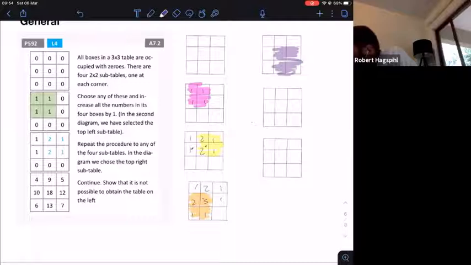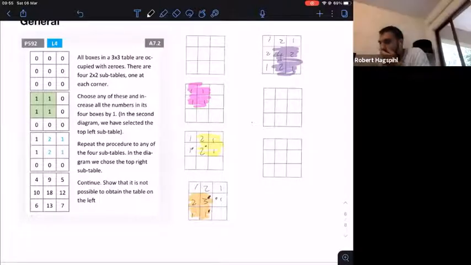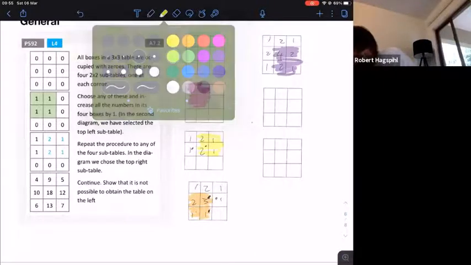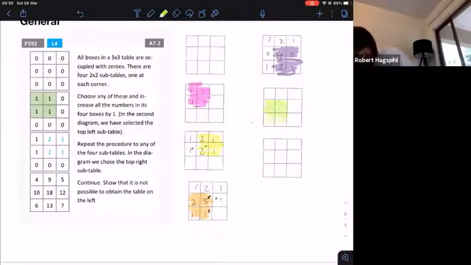Let's see what happens. These are going to stay the same, all right? And what's going to happen is I'm going to add 1 to all of these guys. I'm going to get 4, 2, 2, 1. All right. And then let's just pick another random one, this one more.